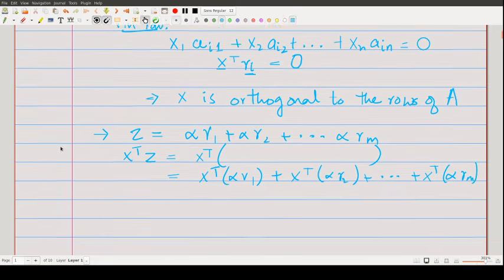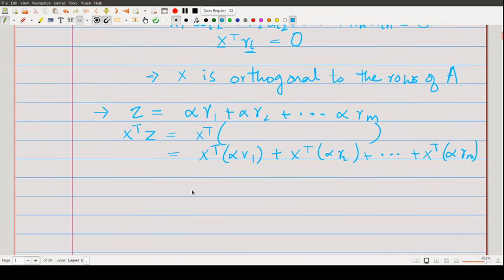Since x is orthogonal to all of these r's, you get 0 for all of these products. Essentially, x is not only orthogonal to all the rows, it is orthogonal to any linear combination of rows.